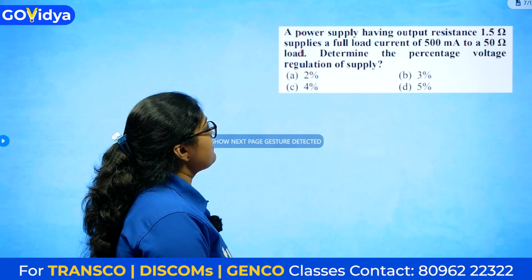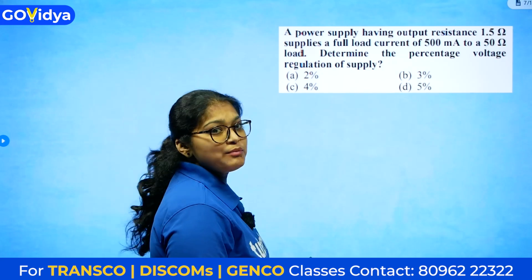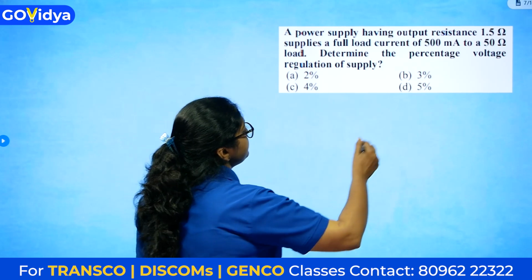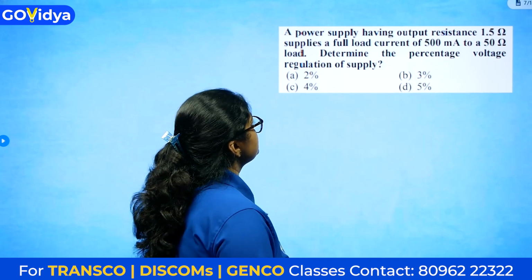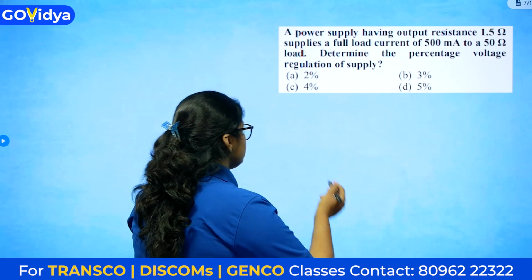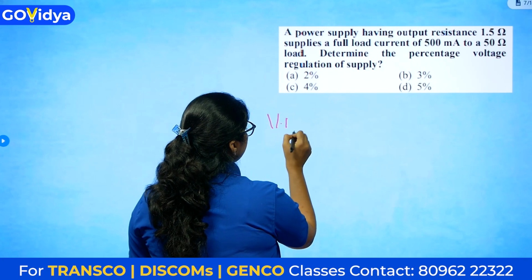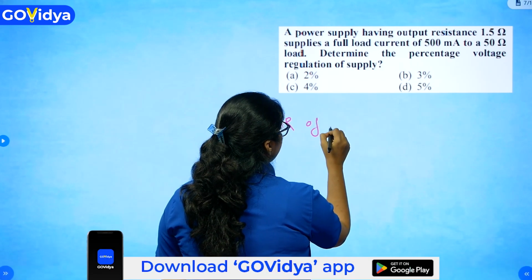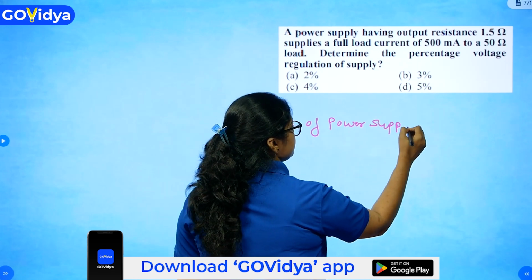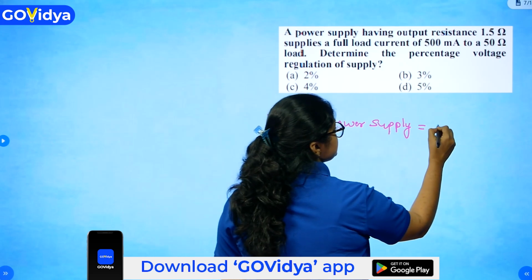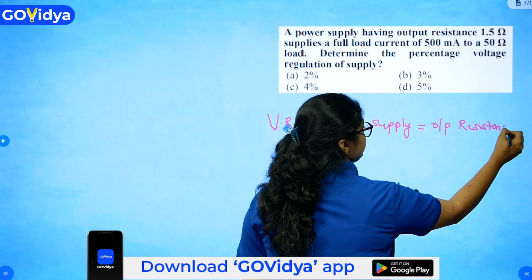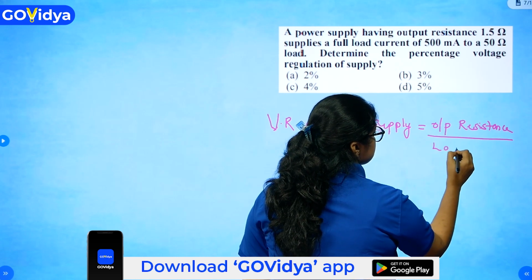Next question. A power supply having output resistance of 1.5 ohms supplies a full load current of 500 milliamperes to a 50 ohm load. Determine the percentage voltage regulation of the supply. So the formula for voltage regulation of a power supply is output resistance by load resistance.